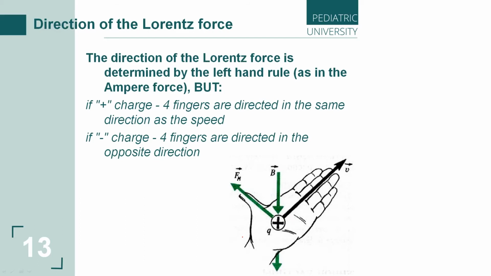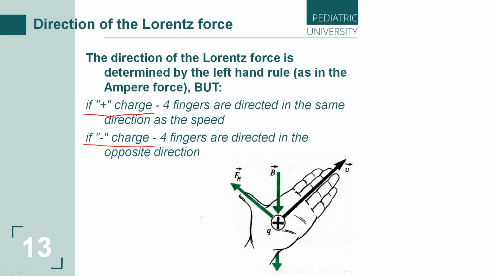This means that the Lorentz force will not have the same direction if we have positive and negative charges. The exception to the left-hand rule is as follows. If we have a positive charge, four fingers are directed in the same direction as the speed of the charge. But if we have a negative charge, four fingers are directed in the opposite direction to the speed.